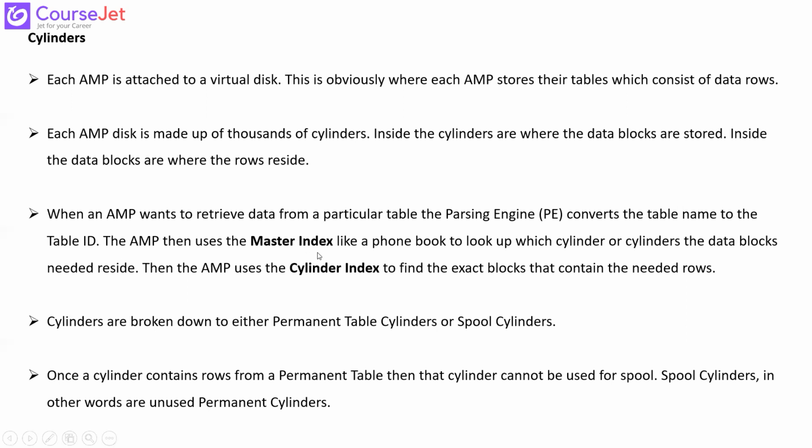Sorry, I'm just interrupting you. Here you're saying an AMP consists of thousands of cylinders. So when we call it a cylinder, or a disk, is it going to write horizontally or vertically? I was having this doubt, just for my curiosity.